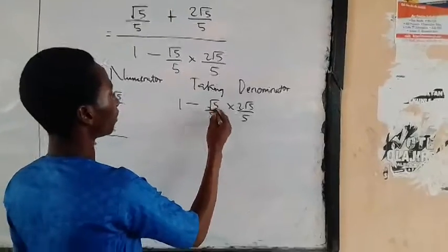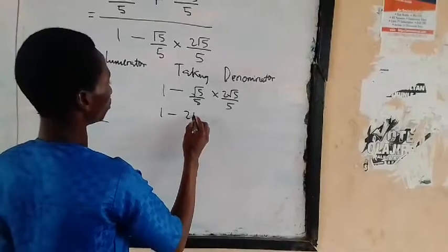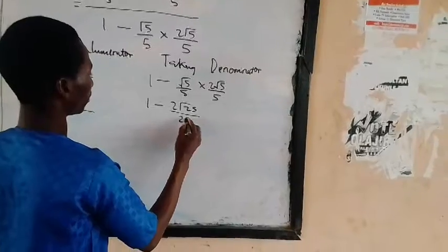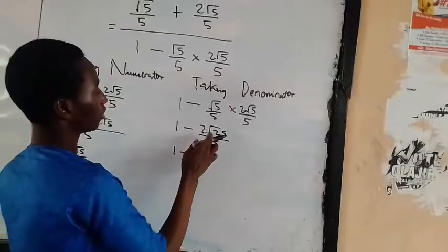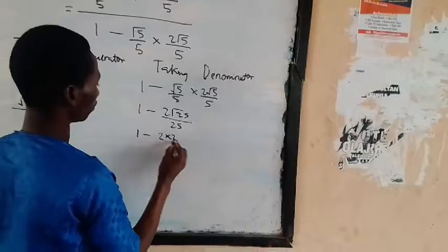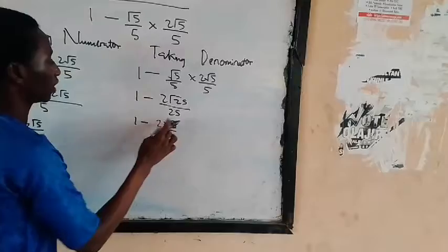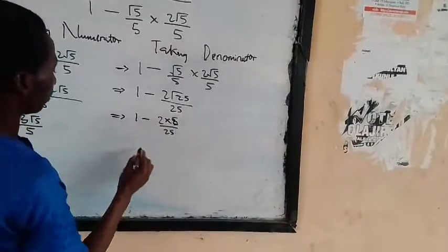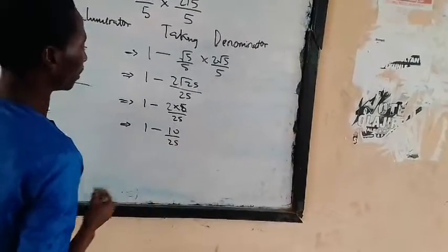Root 5 multiplied by 2 root 5, you have 2 root 25, all over 5 times 5, which is 25. Root 25 is 5. So 5 times 2 all over 25. 2 times 5, we have 10. So we have 1 minus 10 all over 25.